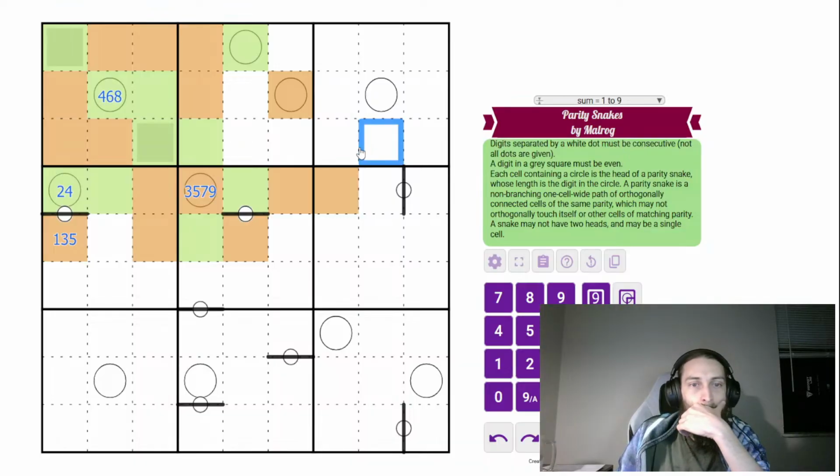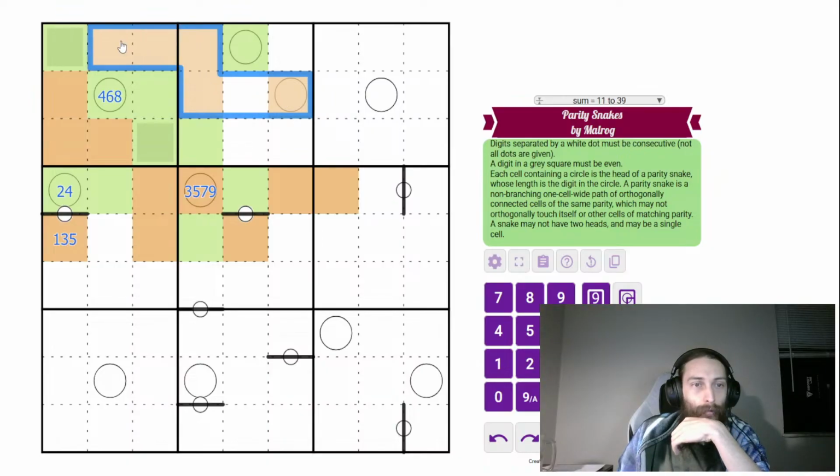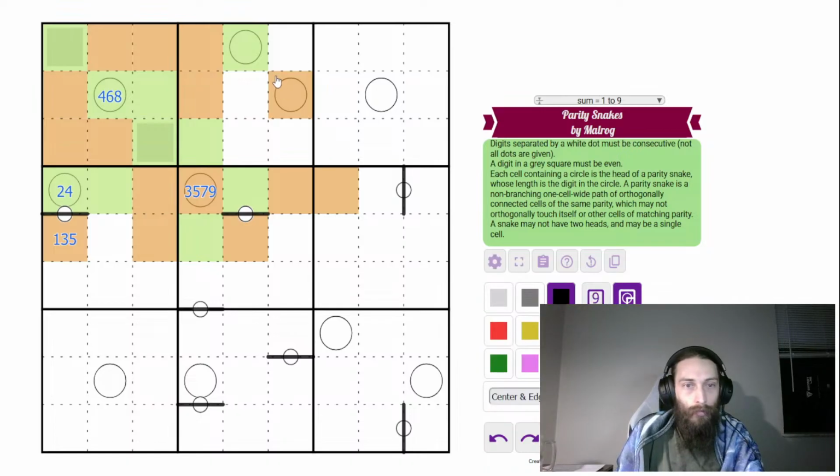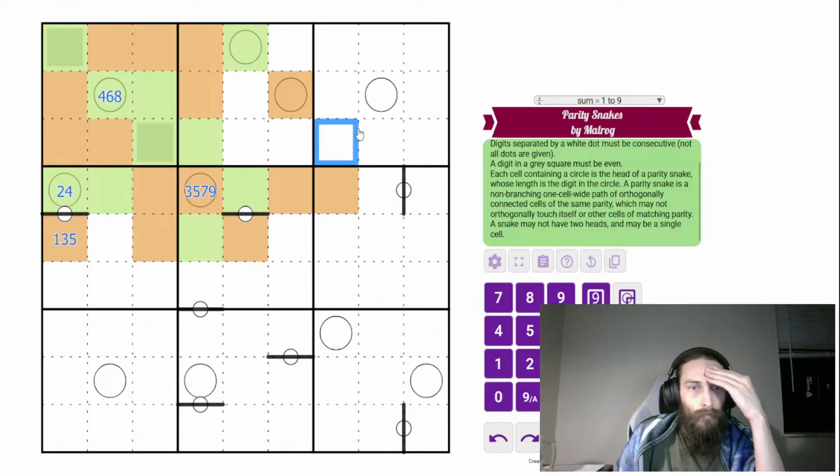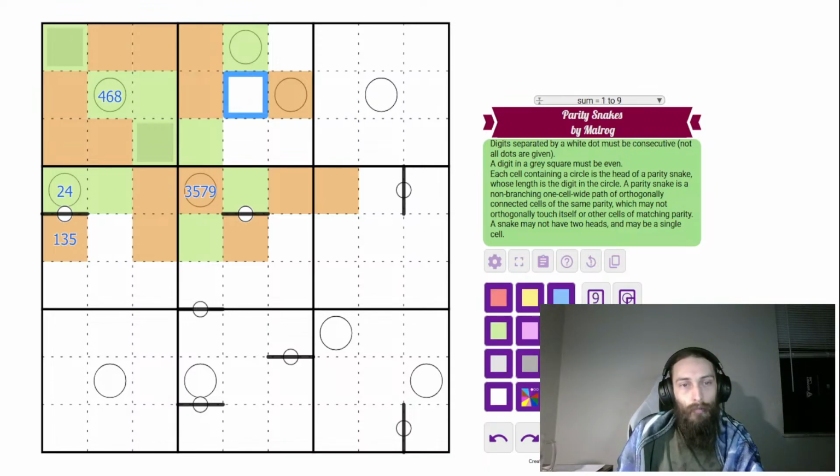And it cannot go left. 1, 2, 3, 4, 5, 6. So it's got a wall that way. Well, and since... Doesn't that mean it has to have even to its left? Yeah.